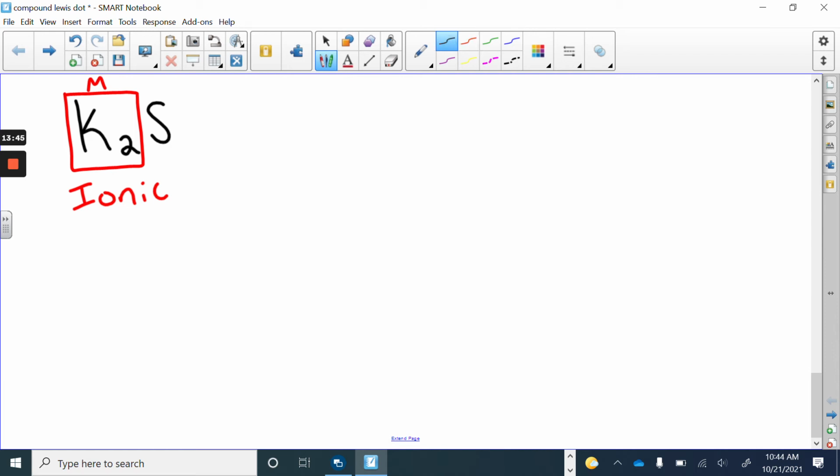We will draw the Lewis dot structure for each. Potassium, we have 2 of them, so we have to draw 2 potassiums. The number of valence electrons potassium has is 1, so 1 dot here, 1 here.